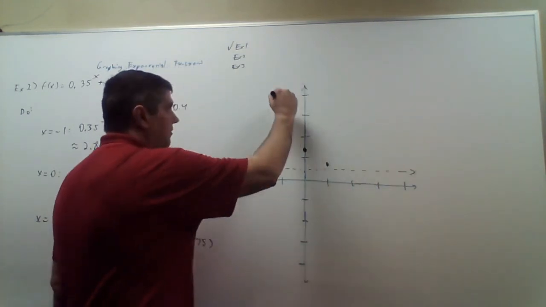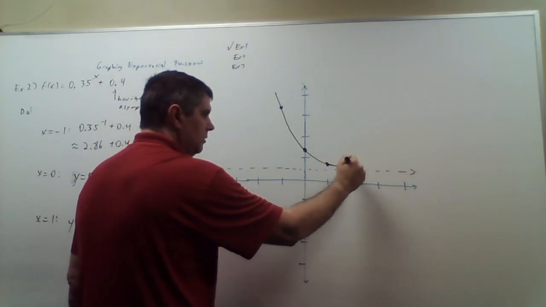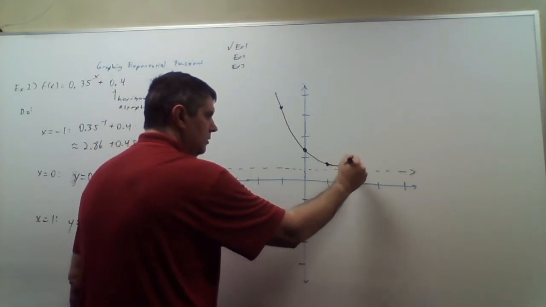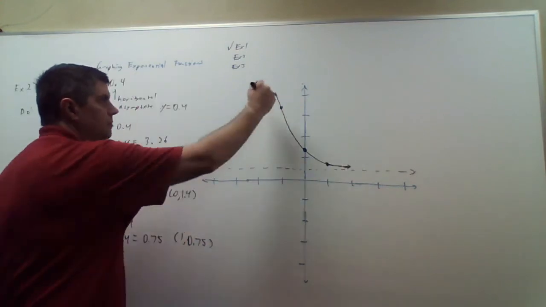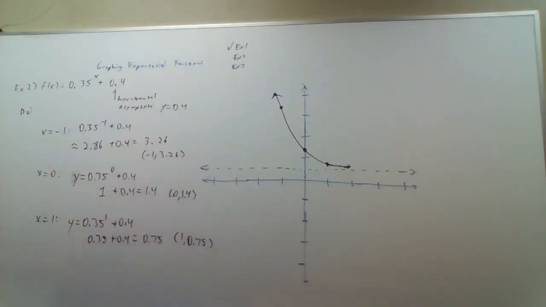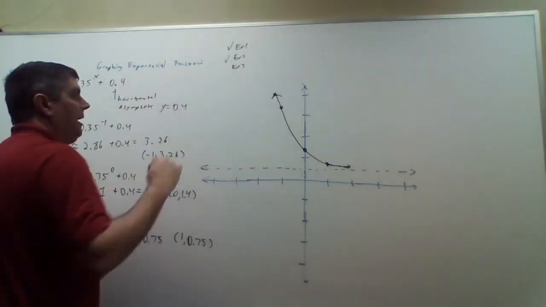Remember, it's going to have to be a curve because it has to avoid the asymptote. So example 2 is out of the way.